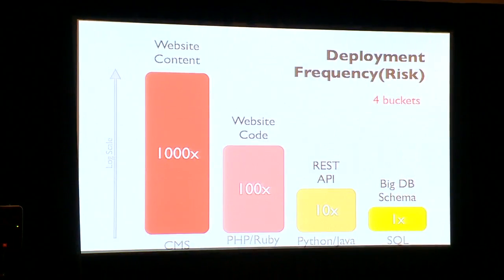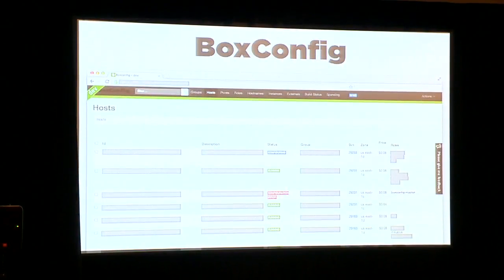But to automate deployments and to be able to bring up the full Twilio stack with just one click of a button, we built an internal tool called BoxConfig that lets us manage host configuration, orchestration, and monitor running hosts, and really eases our lives, because we can build a full Twilio stack with just one single click of a button.